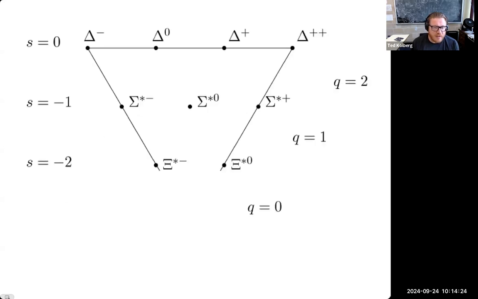One very suggestive grouping that was drawn around that time was the following one. So you have these baryons. There seems to be a family here with strangeness of 0. And you can run from a charge of -1 up to a charge of +2. Then for strangeness -1, you have a similar grouping, although here we don't have the doubly charged version.